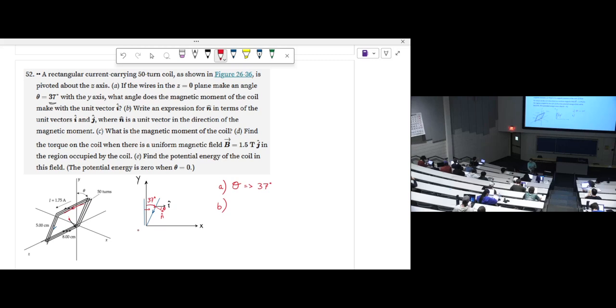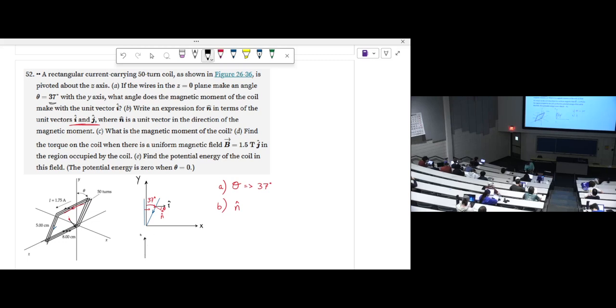Part B, write an expression for n hat in terms of the unit vectors i hat and j hat. Essentially, what we're trying to do is find how much of n hat is going to be pointed in the i direction and how much of it is going to be pointed in the j direction. If I zoom in here, let me draw another set of axes.